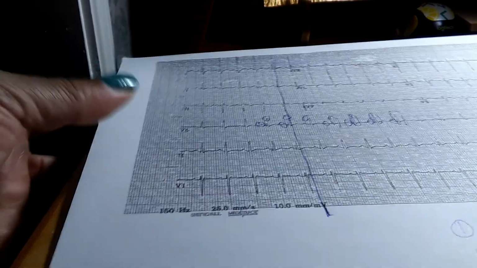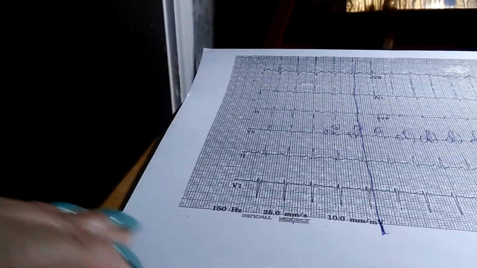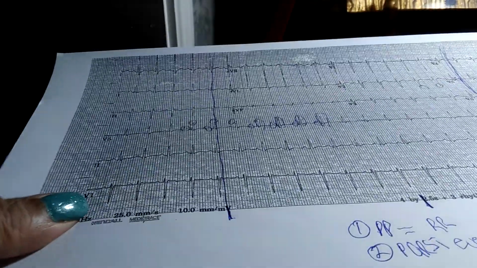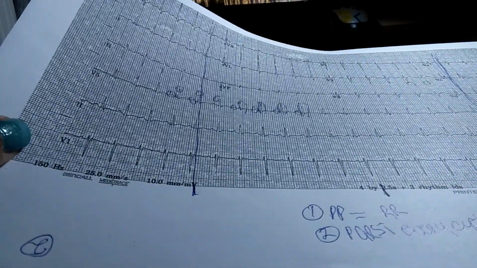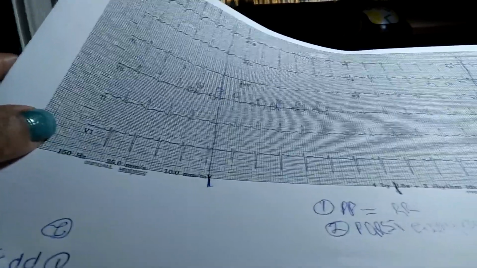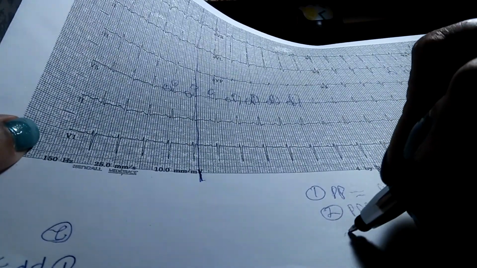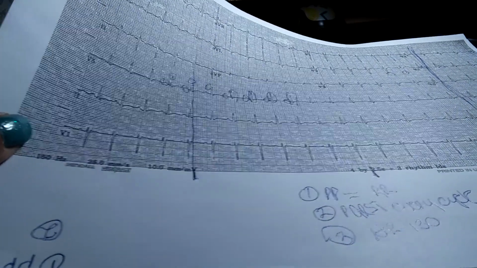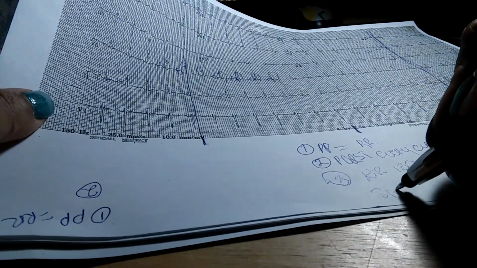So 10 times 13 is 130. When you've got a heart rate of 130, we know that it's normal sinus rhythm, but it's also sinus tachycardia.